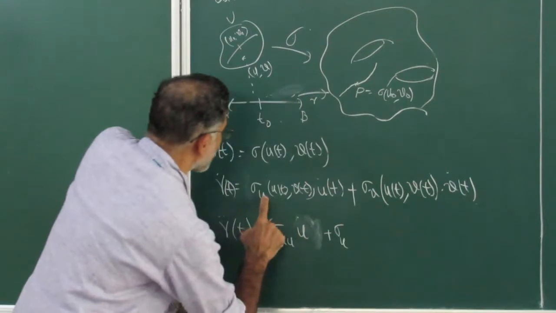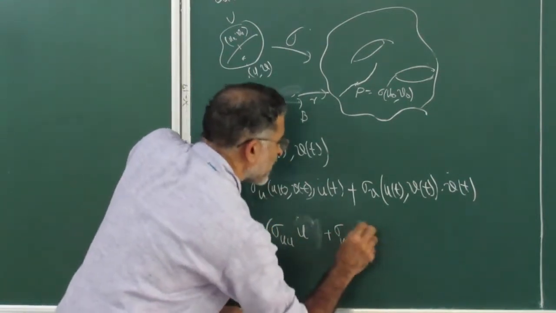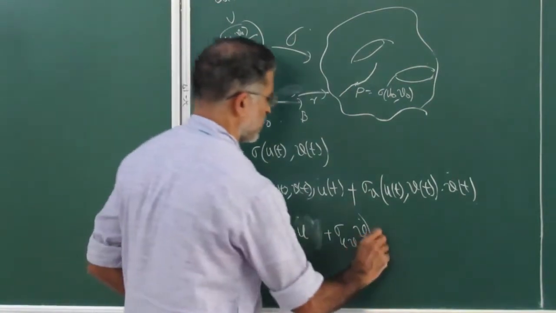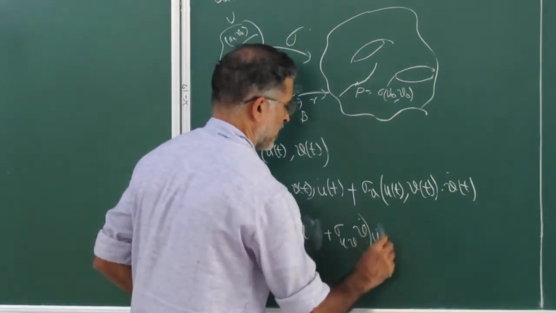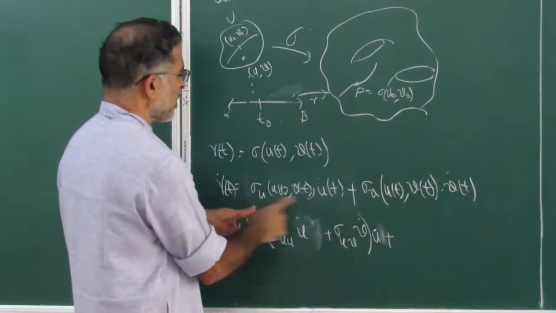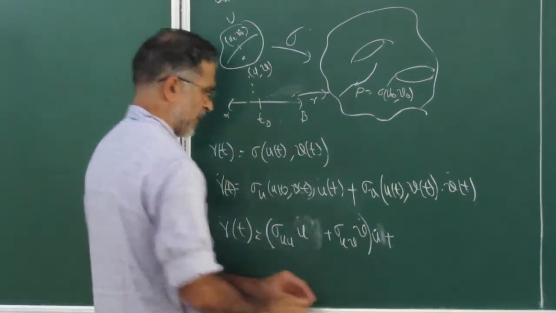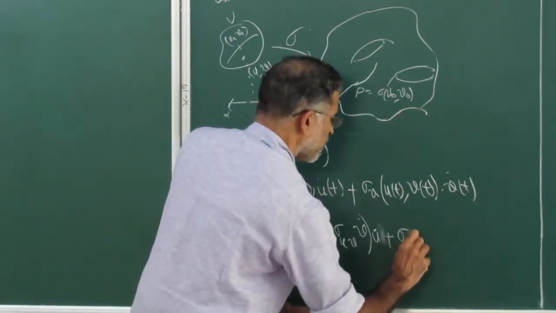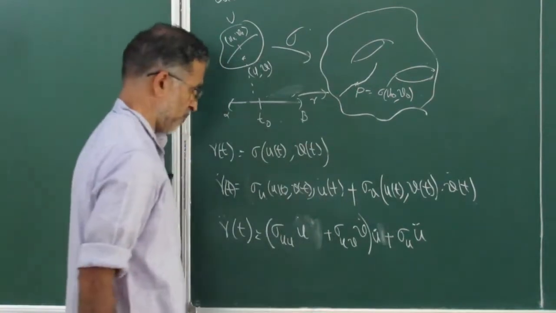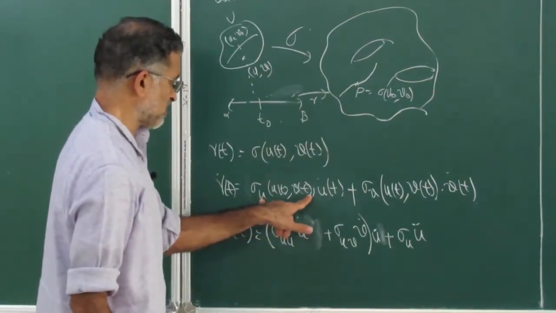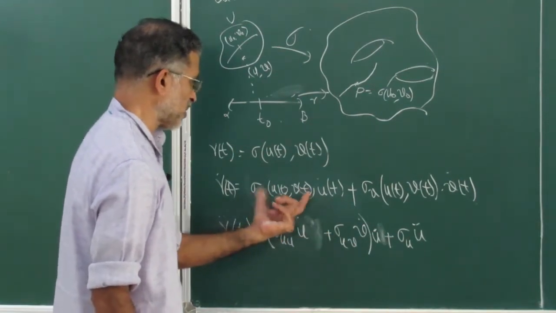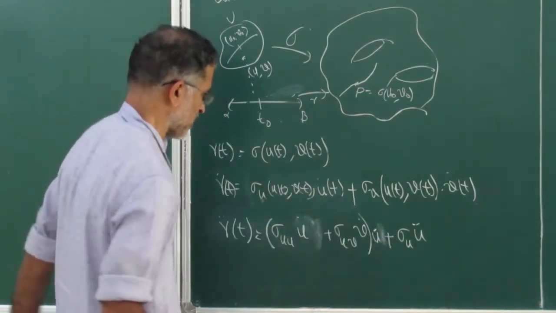Sigma u, now you differentiate with respect to v and then differentiate v with respect to t. So that's the derivative of this into u dot, plus this into a derivative of this. So sigma u double dot t. So this derivative of this into u dot t plus this into derivative of this. That was what it is.